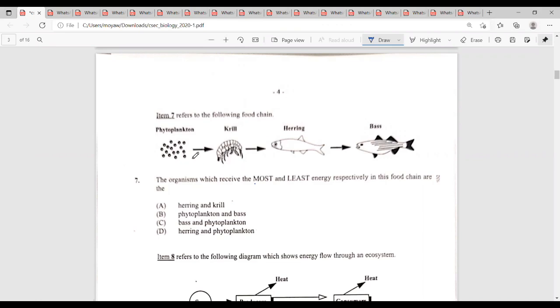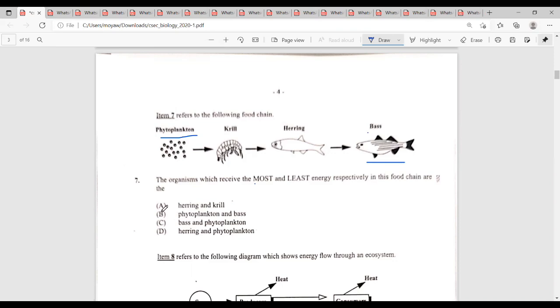So the organism that gets the most energy is usually at the front of the food chain. So the phytoplankton here will get the most energy because it is getting its energy directly from the sun. And then the bass, which is the organism at the last part of the food chain, will get the least amount of energy. So we're looking for phytoplankton and bass.